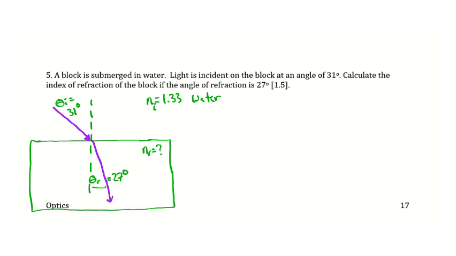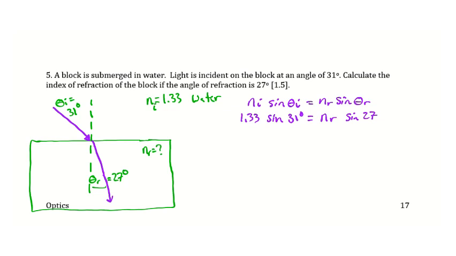So again, let's take a look at Snell's law to solve this. Ni sine theta i equals nr sine theta r. Our incident index is water, 1.33, times the sine of 31 degrees equals our refractive index, that's our variable this time, times the sine of 27.